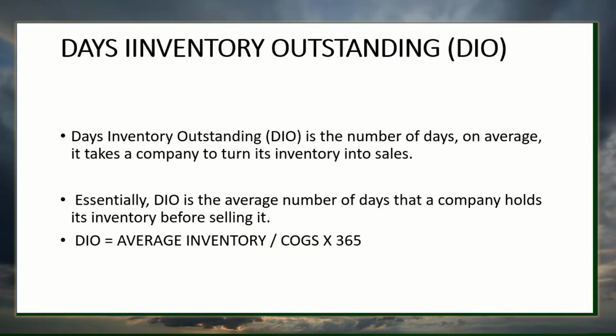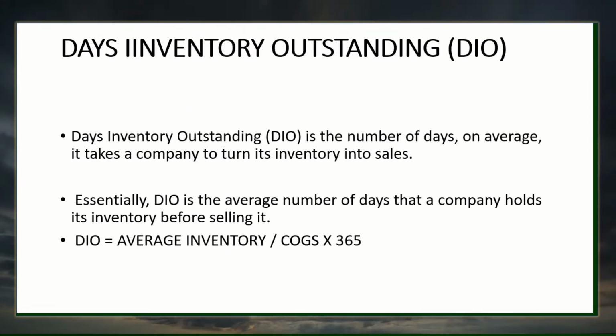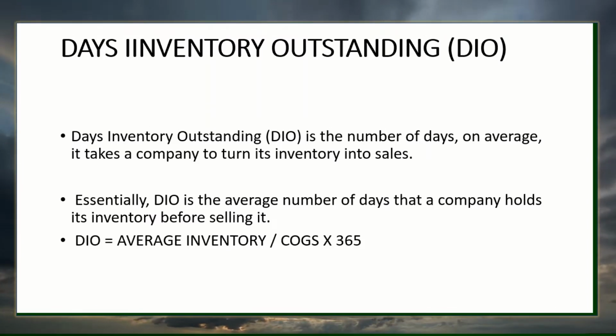And let's see days inventory outstanding, DIO. It's simply the number of days on average it takes a company to turn its inventory into sales.